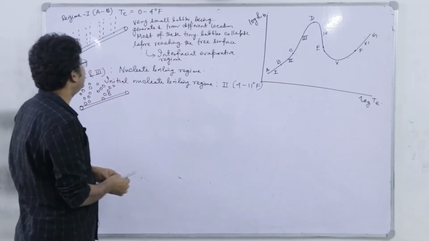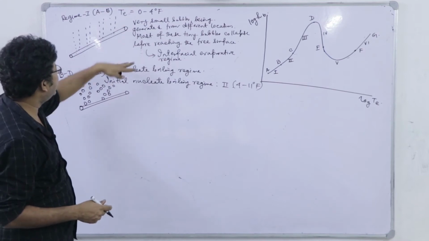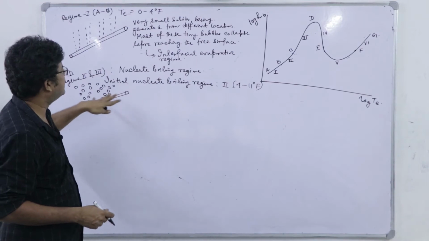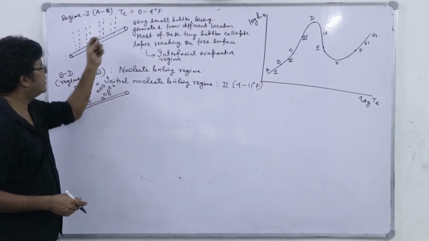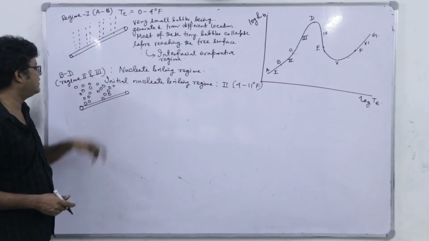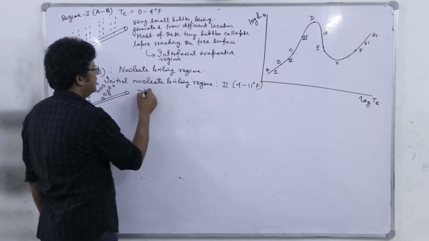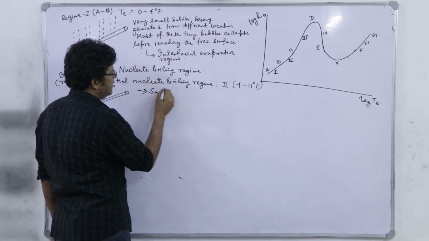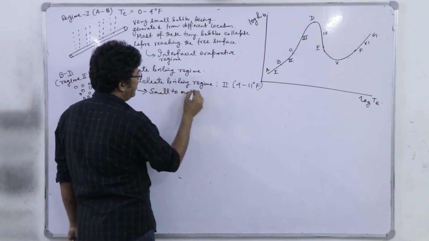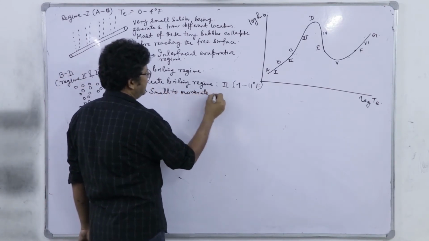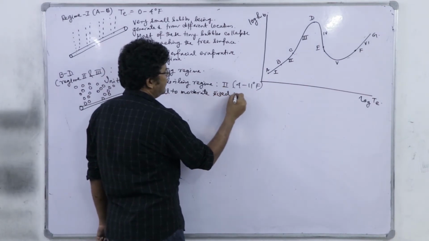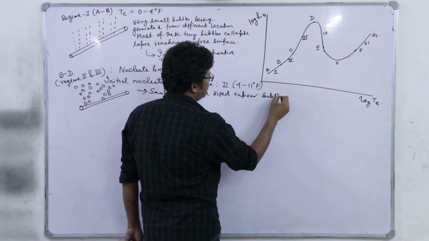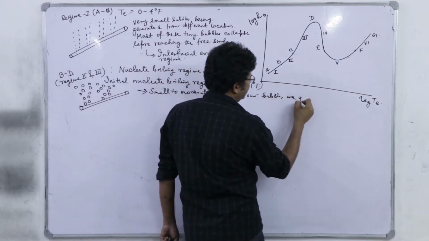So again the features are more or less same, but here the bubble density is more or less same as interfacial evaporative regime, but here the size is very small, here the size increases, right. Small to moderate size. So small to moderate sized vapor bubbles are generated.